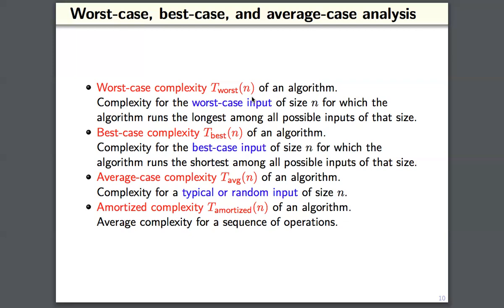It might be clicking a button or something like that, right? Worst case complexity is the default complexity. Whenever someone says, what's the running time, you need to compute the worst case complexity. But if someone explicitly asks, find the average case complexity, then find the average case.